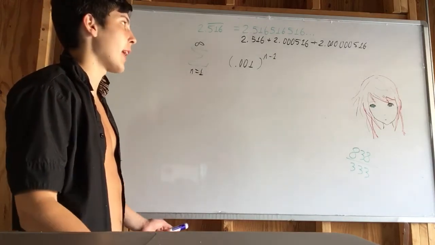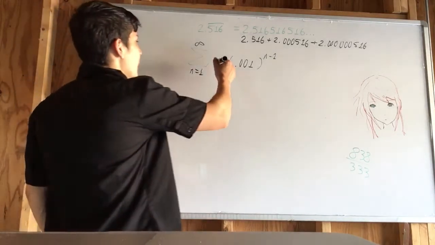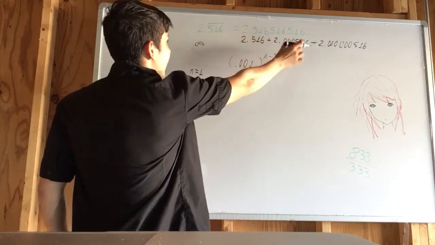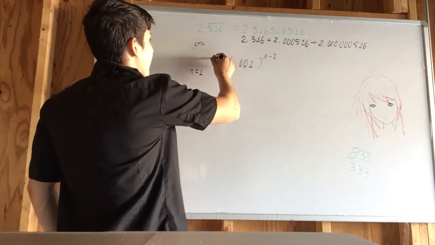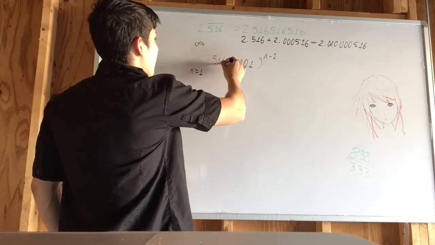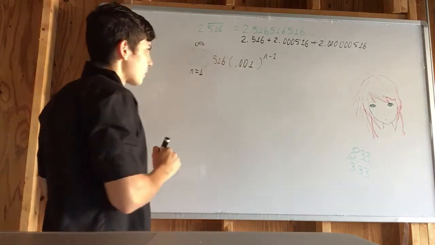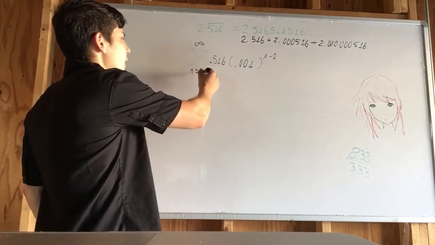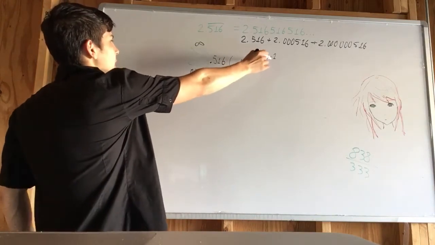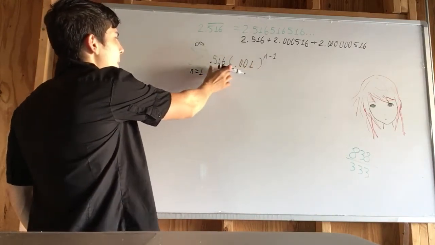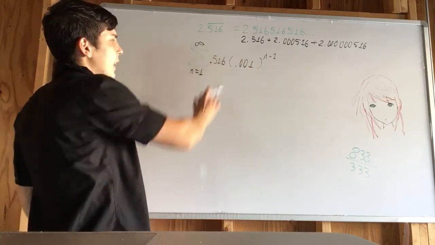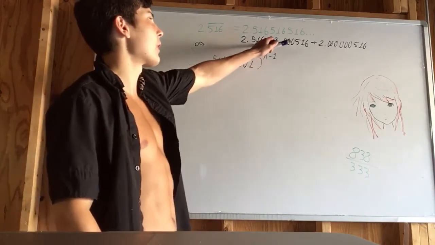So what would be our value? It seems that's 0.516, because if we plug in 1 there, this would go away and become a 1. So we want our first term to be our first thing.